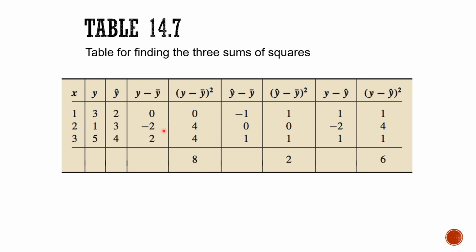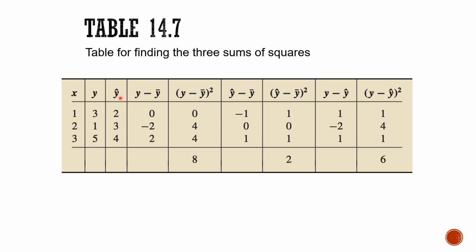So here is the simple example that we were talking about. We worked with this before when finding the least squares, when applying the least squares criterion. So it's the same data set. In the first column, we have the x and y values that were given to us, 1, 3, 2, 1, 3, 5. These are the ordered pairs.